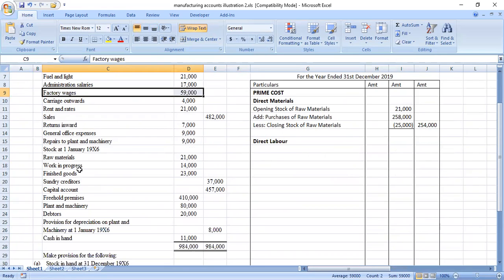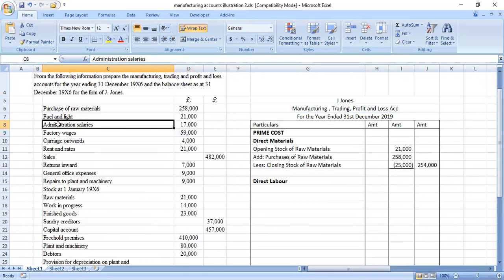The wages paid to them are part of direct costs, whereas the administration salaries are an indirect expense.